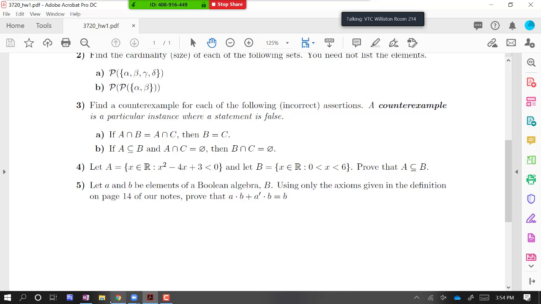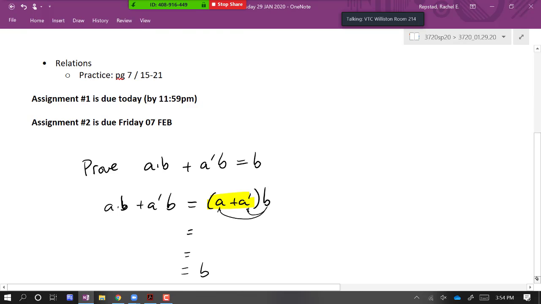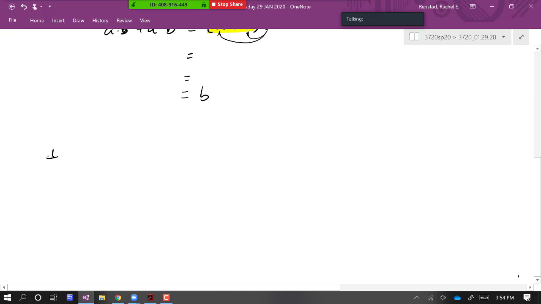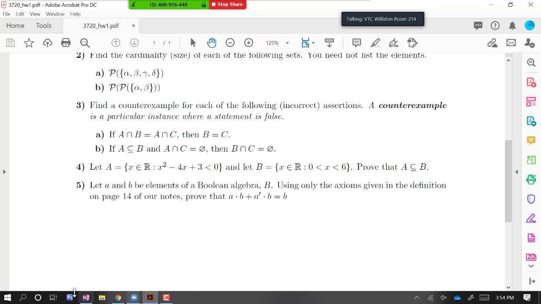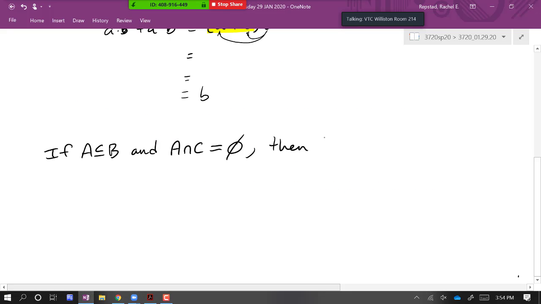In part A, I think we talked about part A on Monday? Yeah. So maybe I'll just talk about part B a little bit this time. So part B says if A is a subset of B and A intersect C is empty, then B intersect C is empty.